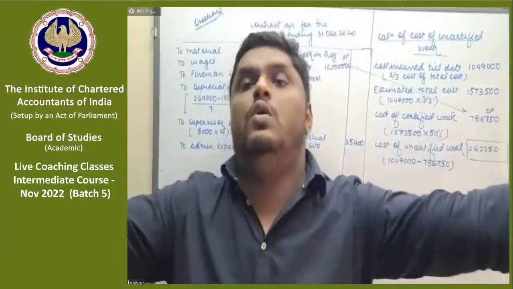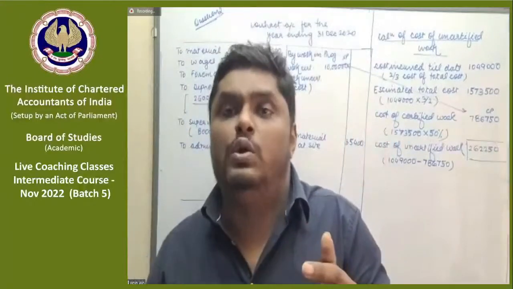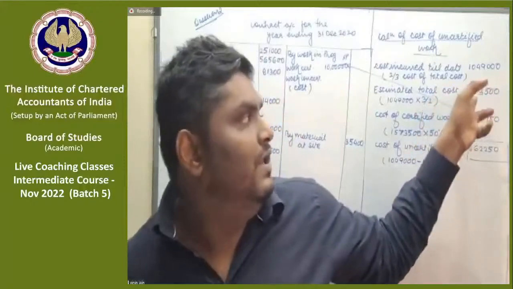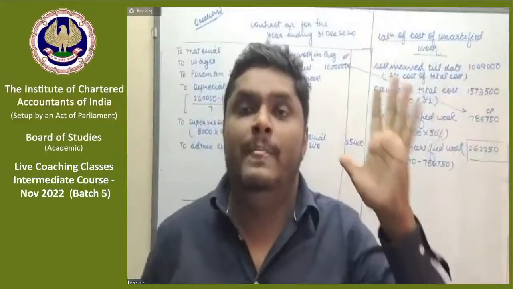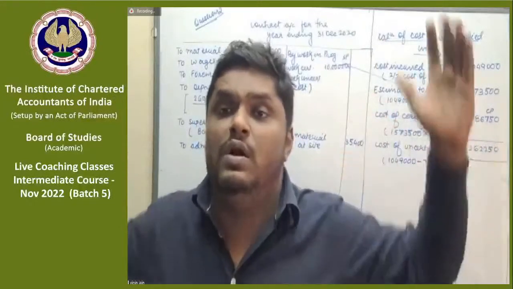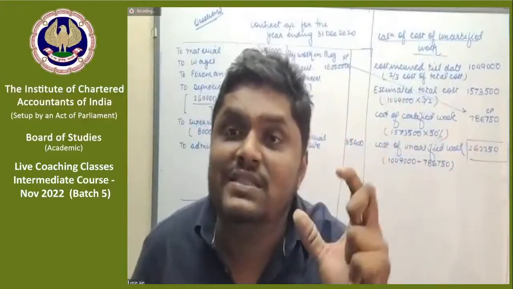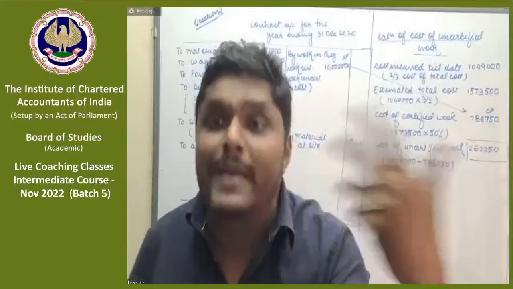10,49,000 is the total cost that is incurred till date. Now it represents 2/3 of the total cost. So how much will be the total cost? 15,73,500. This is the estimated total cost. 50% cost has already been certified. Balance 16.6667% is to be certified.